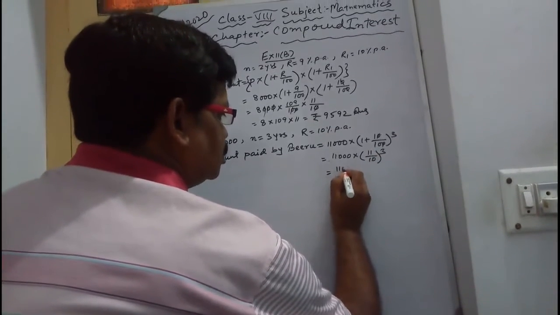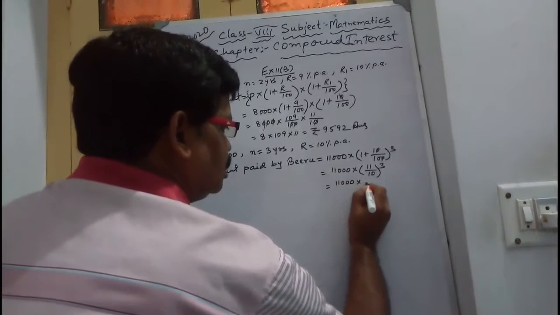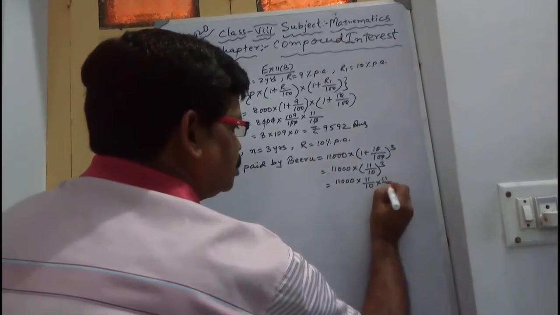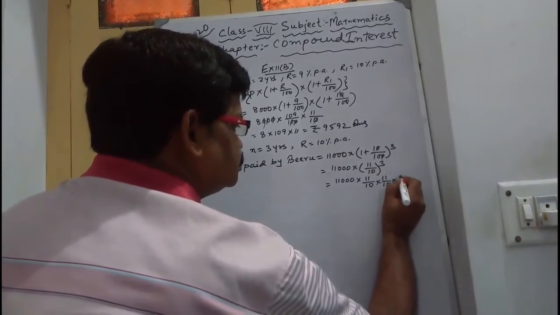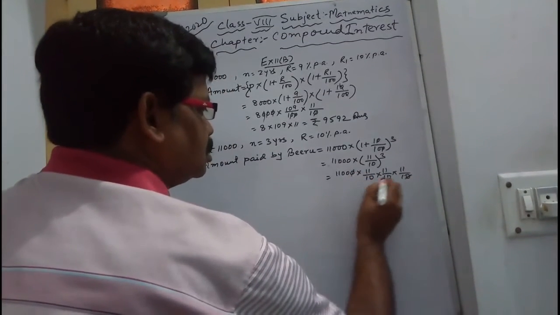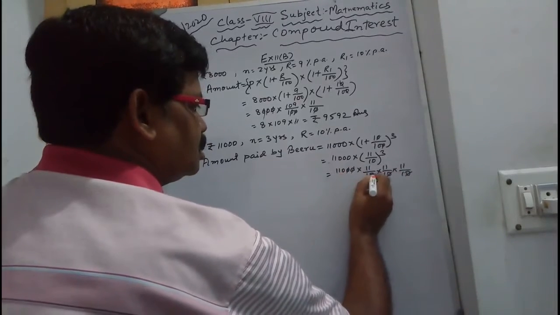So 11,000 into 11 by 10, 3 times you have to write it. So 10, another 10, and a third 10.